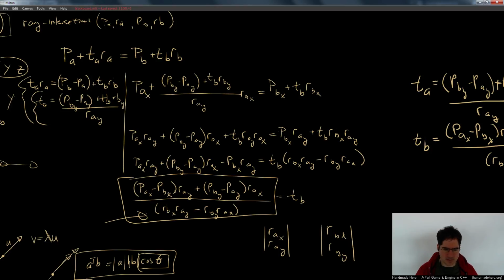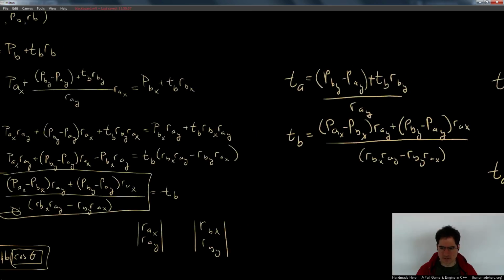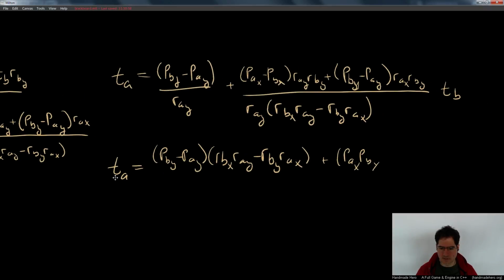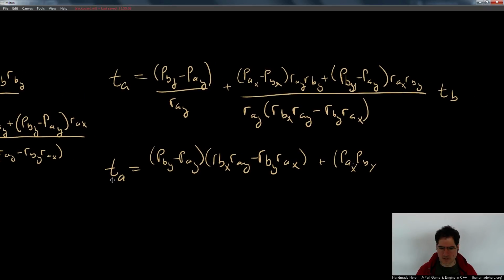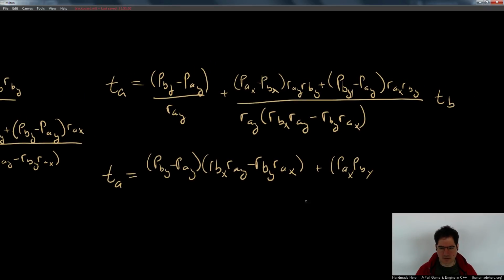So it's AX minus BX, Y minus Y. So all of the P values are always equivalented, right? So it's PBY minus PAY.